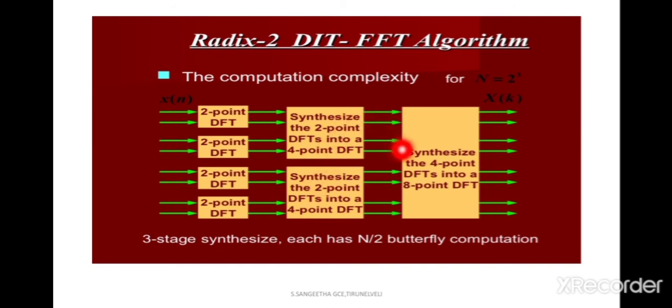Then finally in the third stage we have synthesized these two 4-point DFTs into an 8-point DFT, and the final values will be the 8-point DFT. So in this way we have 3 stages of synthesis by computing the N by 2 butterfly computation.